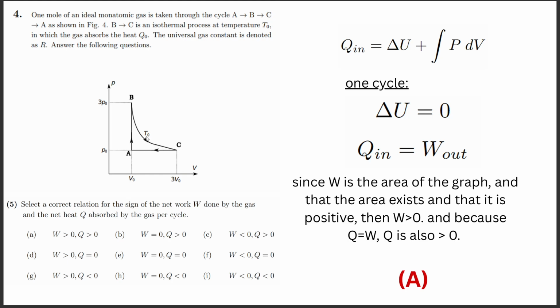Because the triangle-ish area is positive, W is more than 0, and because Q is equal to W, Q is also greater than 0, so the answer is A.